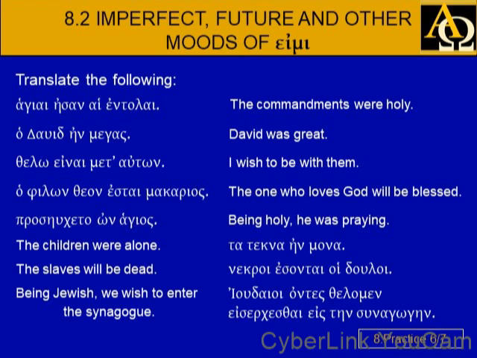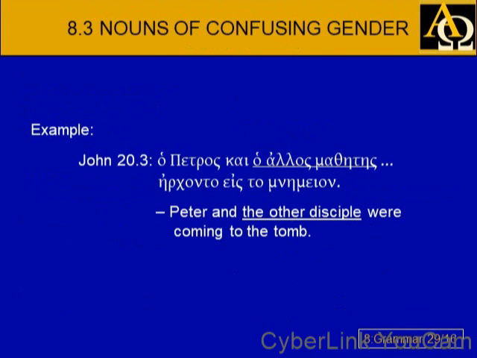Again, some more translations to do. You could translate this. For example, Hagiai esan hai entolai: the commandments were holy. Or Dauid en megas: David was great. Thelo einai met' autou: I wish to be with them.